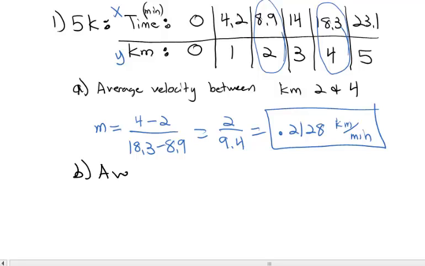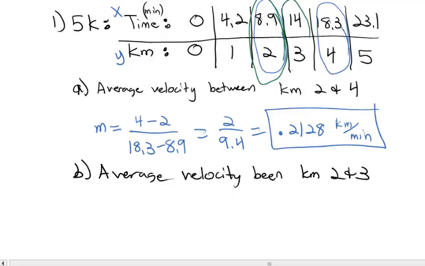Let's say we look at the average velocity between kilometers 2 and 3. So now in green here, we're looking at kilometer 2 again, but this time kilometer 3. So my slope, y2 minus y1 is 3 minus 2, over x2 minus x1 is 14 minus 8.9.